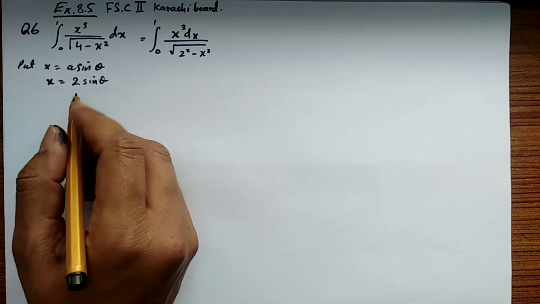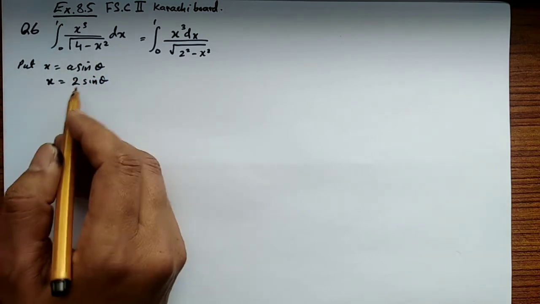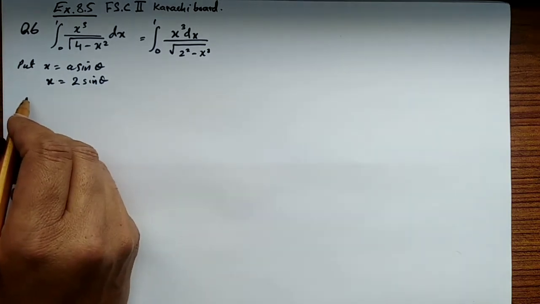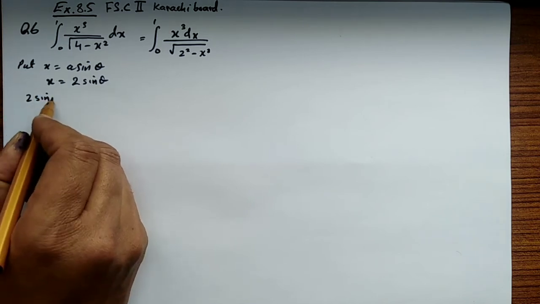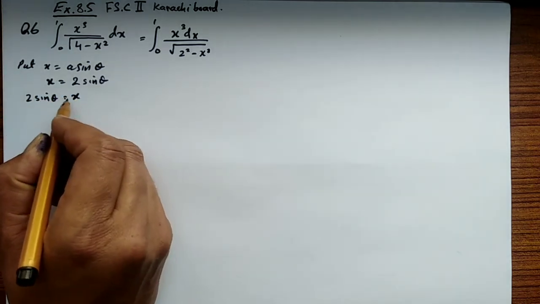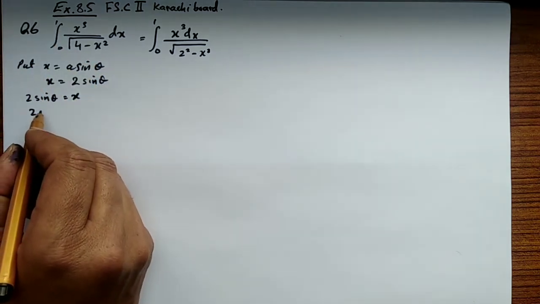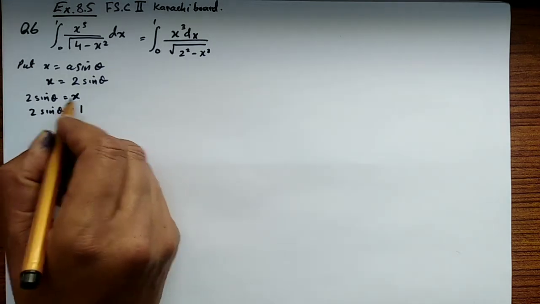Okay, now to change the limits also, 1 and 0, what we are supposed to do is write the value of this x in this form. Now first consider the upper limit of x: 2 sine theta equals 1.